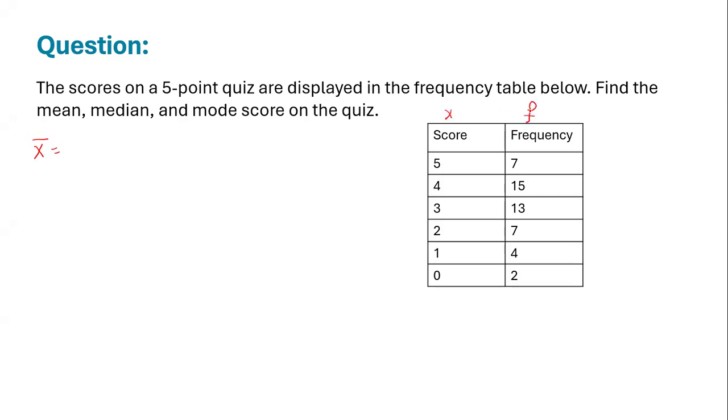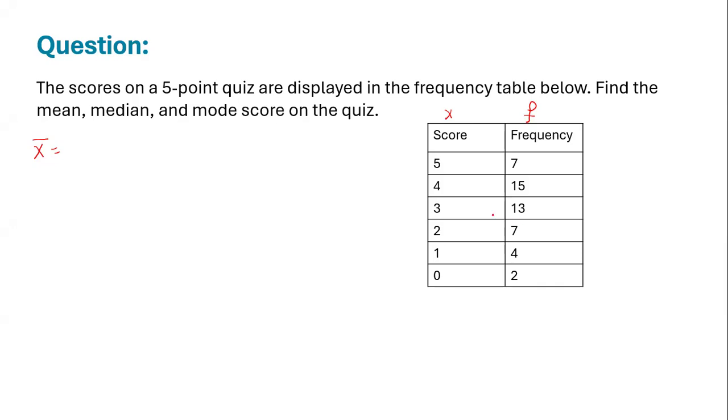I'm supposed to add the numbers 5, 4, 3, 2, 1, and 0 if they only repeated once. But since I have frequency, that means they are repeating more than once. So that means 5 is repeating 7 times, 4 is repeating 15 times, 3 is repeating 13 times.